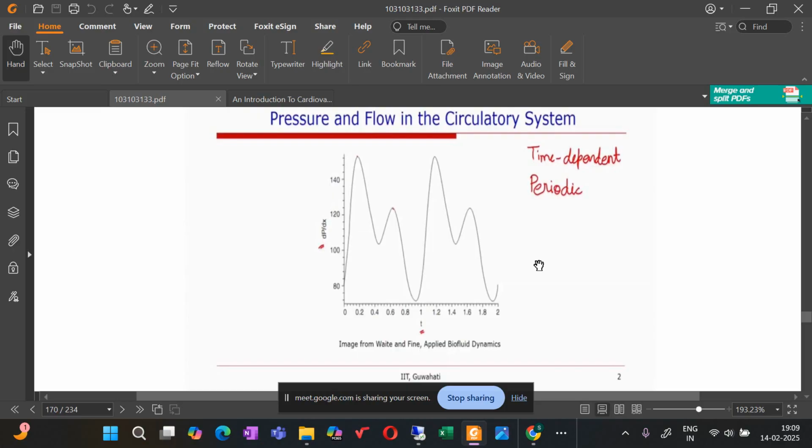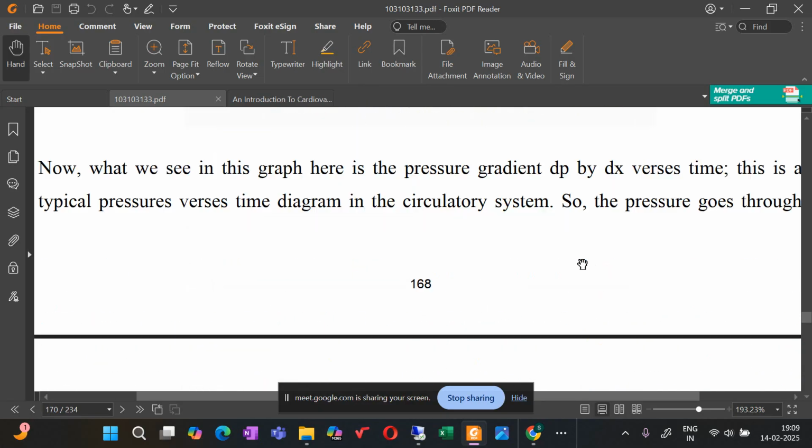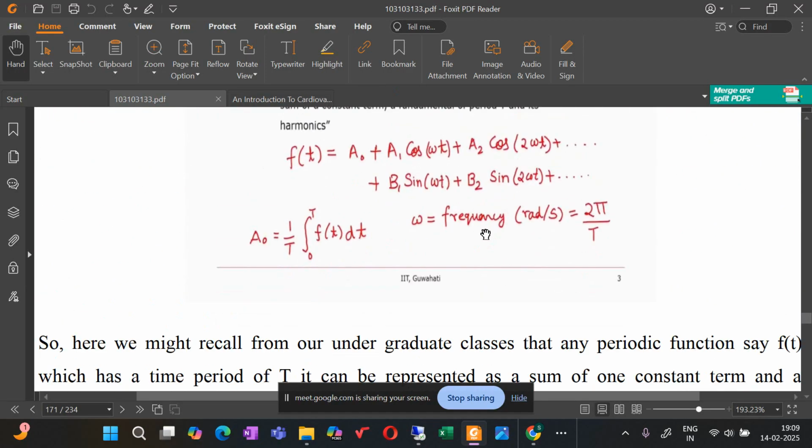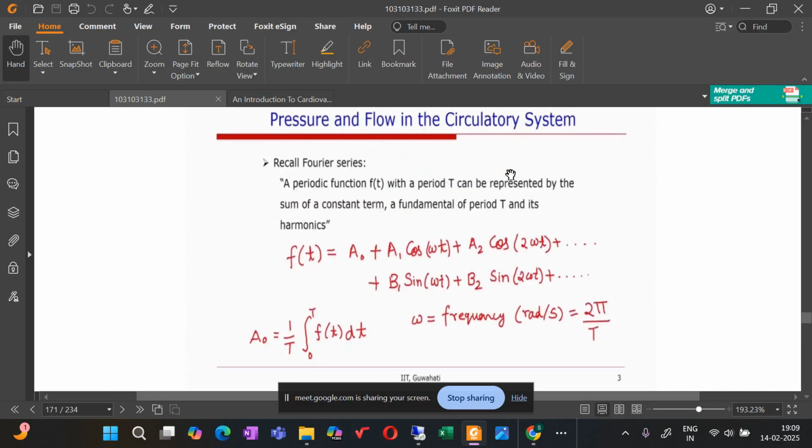But in order to have some insights, assuming this pressure gradient to be a function of time, because of that, if the pressure gradient is a function of time, then velocity will also be a function of time, and accordingly there will be some morphological changes in the pressure.